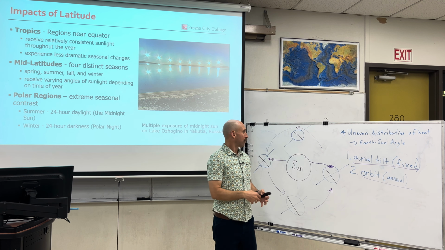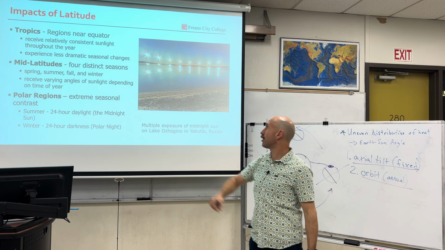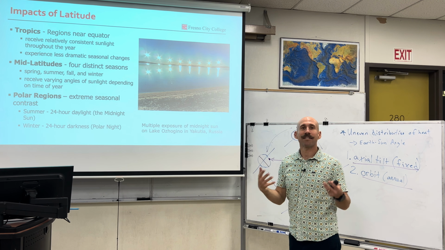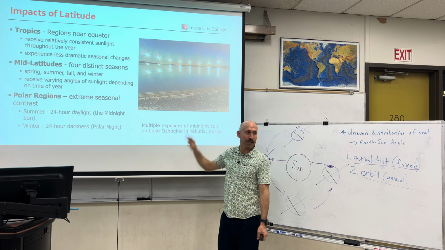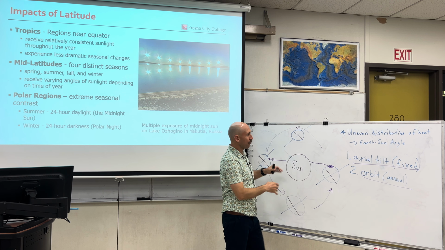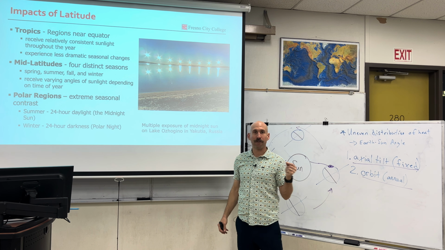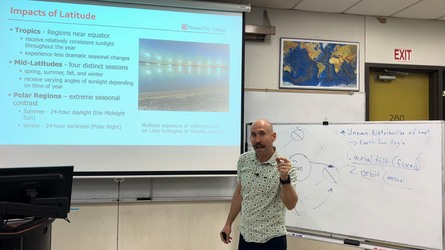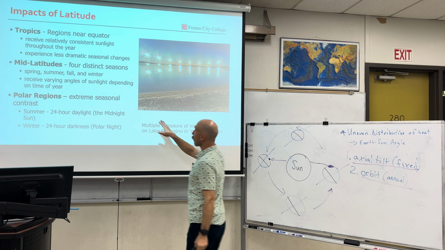So let's talk about the variability through time and space. Well, at the tropics, the regions near the equator, there is relatively consistent sunlight all year long. There's less dramatic seasonal changes because the equator has less fluctuation in the uneven distribution of Earth's light. The Earth-Sun angle is relatively unchanged.